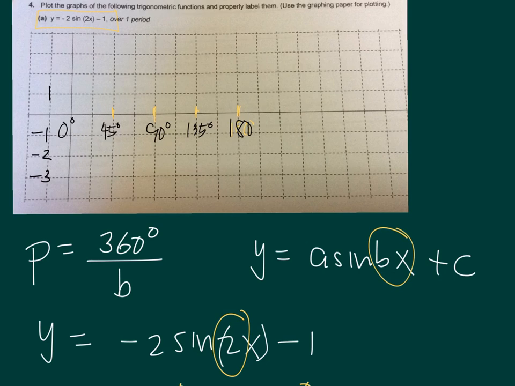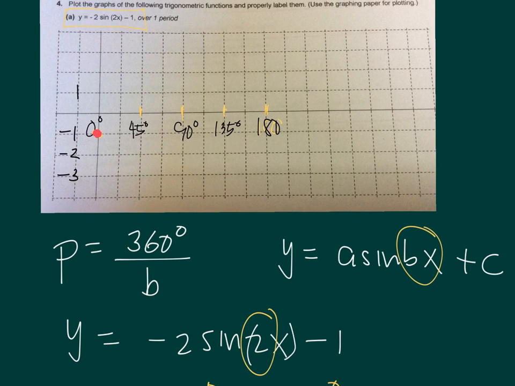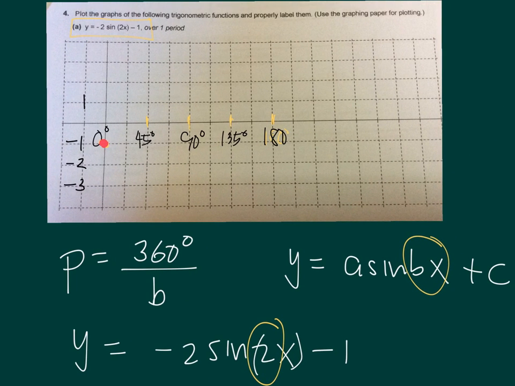So the first point is at negative 1. Let's make the color red. So this is your first point. And then the next point is located at 45, negative 3. So when it's 45, it should be at negative 3. So this is your second point.